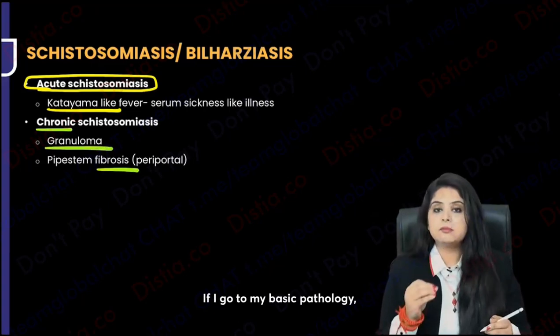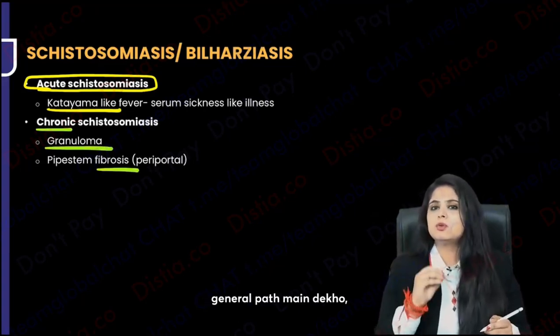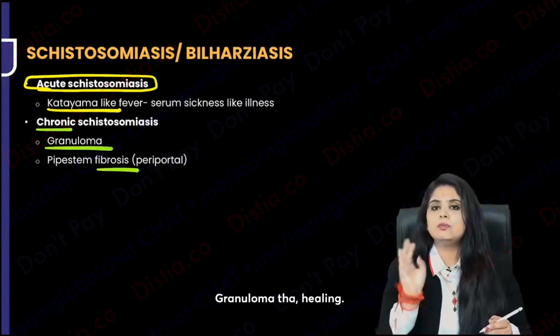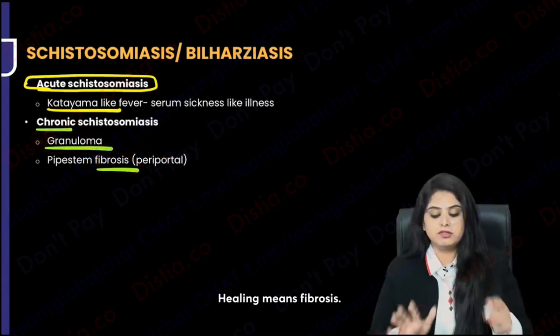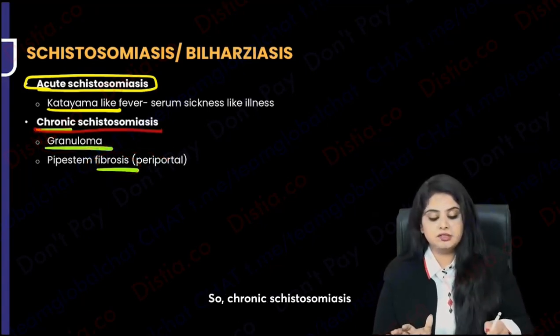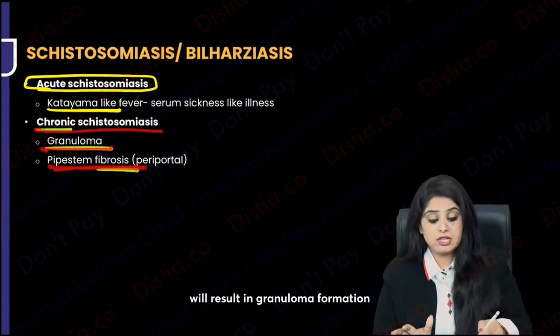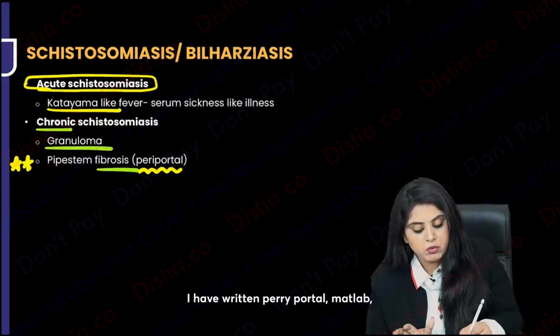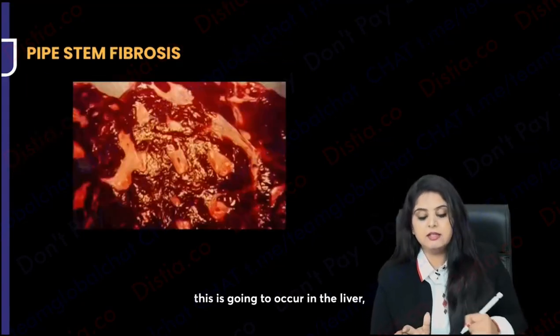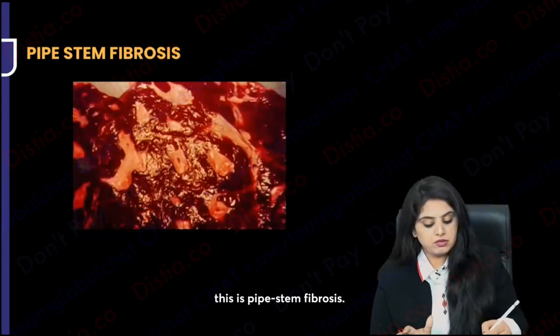If I go to my basic pathology part, in general pathology, what was there in chronic inflammation? Granuloma, healing. Healing means fibrosis. So chronic schistosomiasis will result in granuloma formation and pipe stem fibrosis. I have written periportal, meaning this is going to occur in the liver. This is pipe stem fibrosis. What can you see?